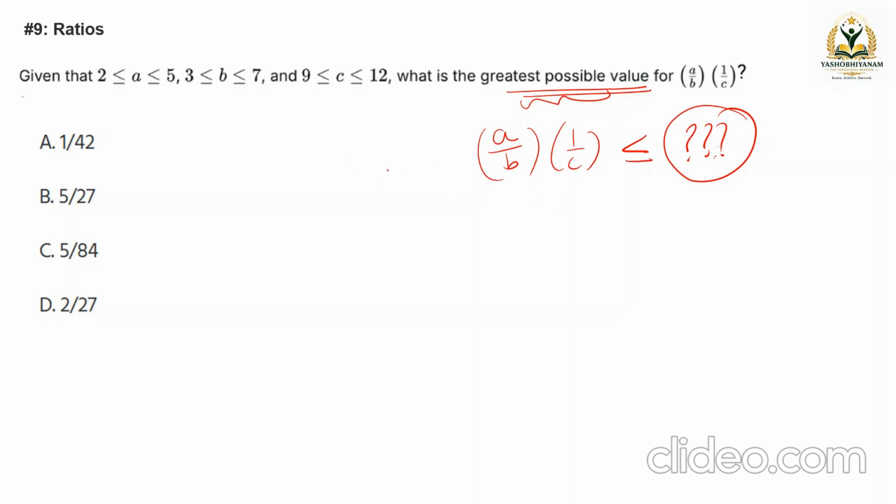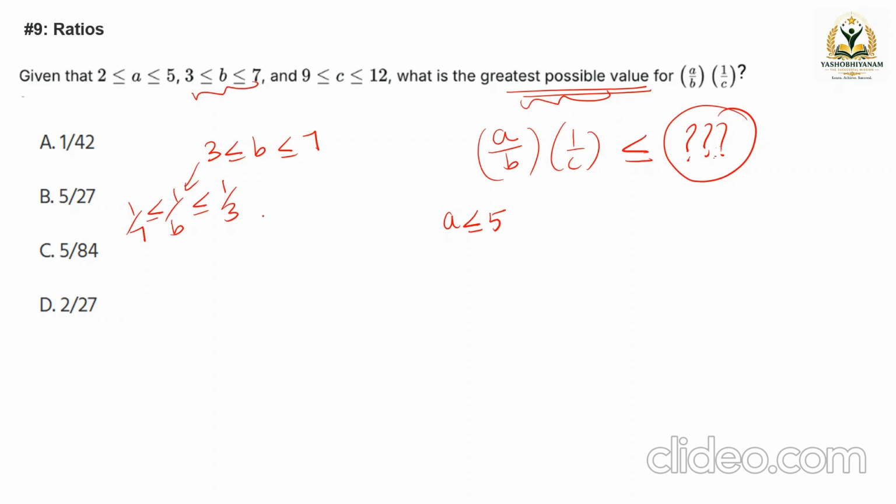Now, you know that A is less than or equal to 5. You have the information that 3 is less than or equal to B less than or equal to 7. When I take the reciprocal of this, 1 over 7 less than or equal to 1 over B less than or equal to 1 over 3. When you take the reciprocal, the inequality would reverse.